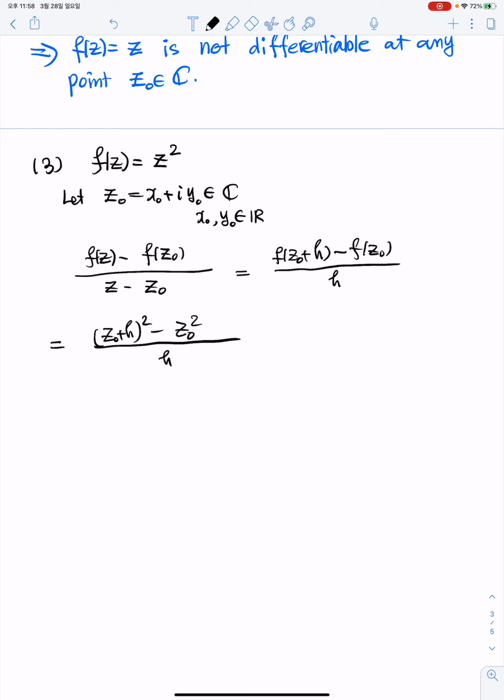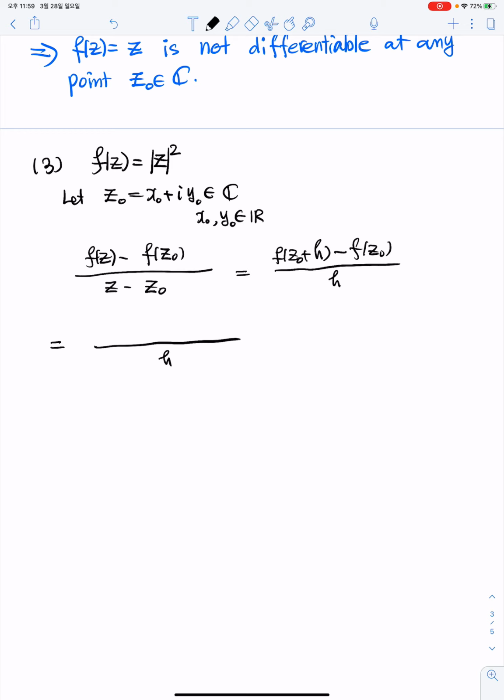If this one gives 2z0, this is too easy. So let me change this function. Let's look at the modulus instead, otherwise it's too easy. I want this one, so let's look at the modulus.